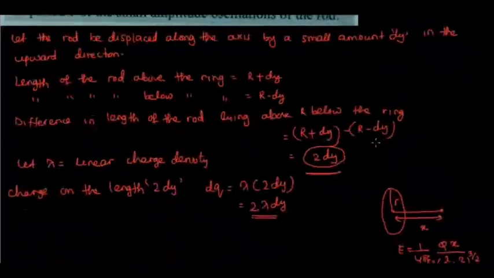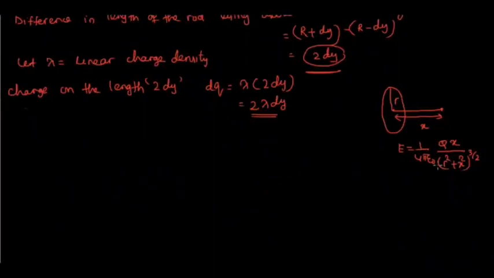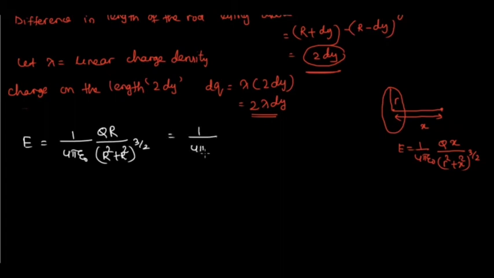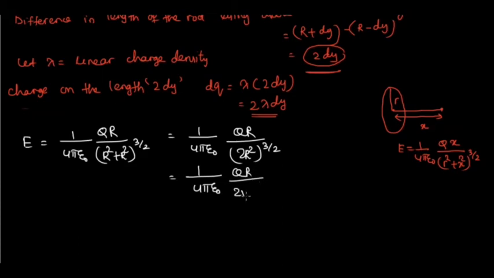Is that clear? So the electric field is how much? 1 by 4 pi epsilon naught q into r divided by (r square plus r square) power 3 by 2, that is equal to 1 by 4 pi epsilon naught qr divided by (2r square) power 3 by 2, that is equal to 1 by 4 pi epsilon naught qr divided by 2 root 2 into r to the power 3.